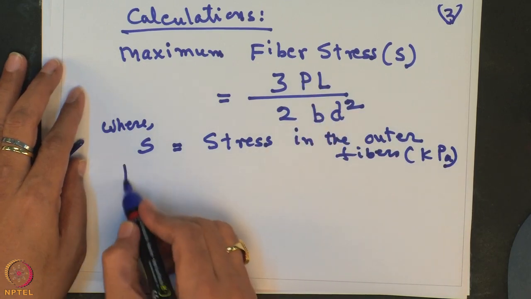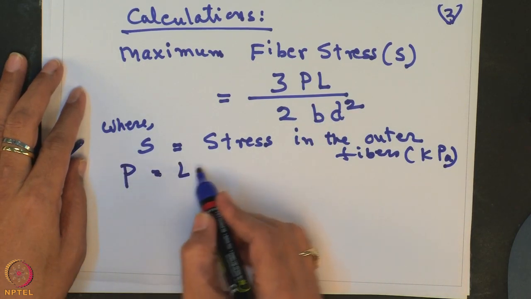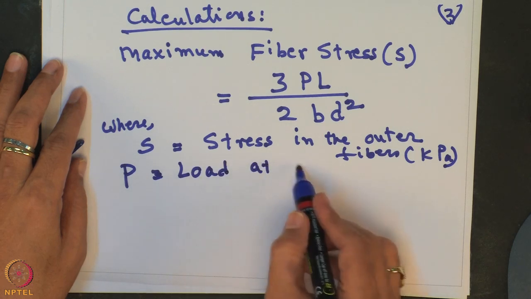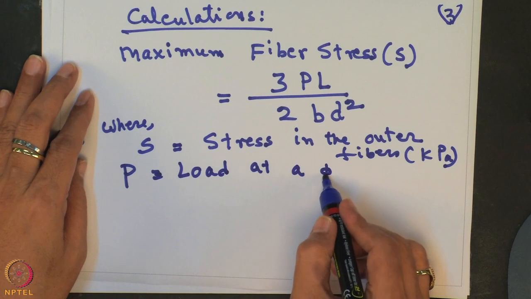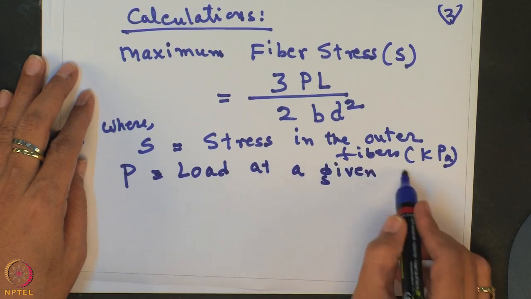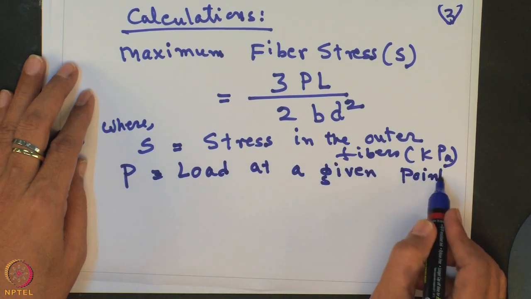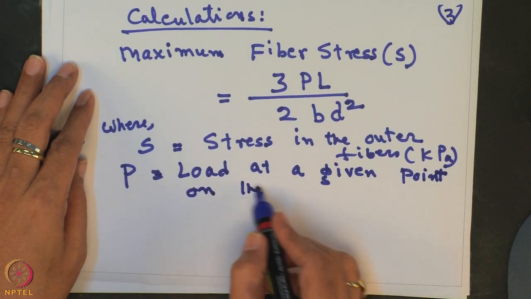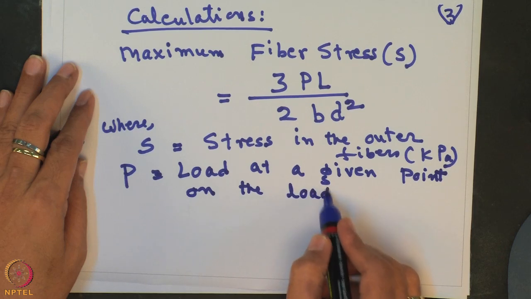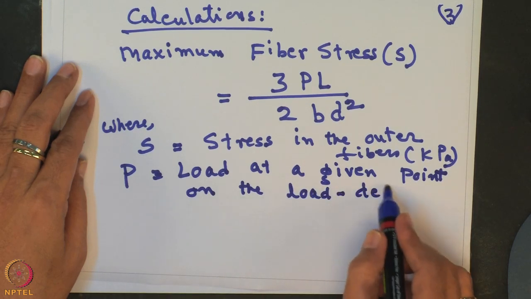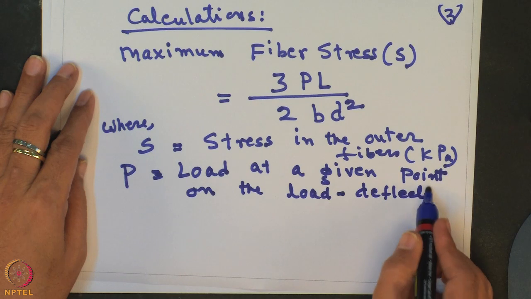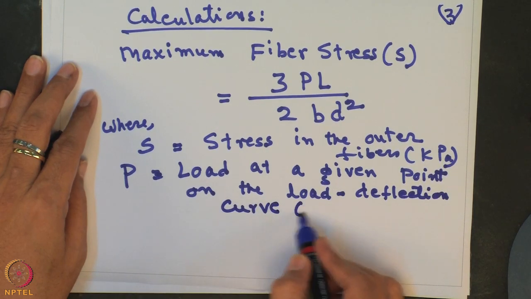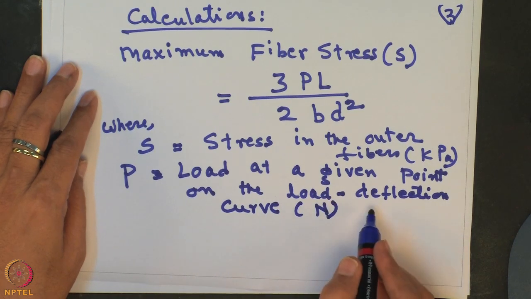What is P? P is the load at a given point on the load deflection curve, that is in Newton.